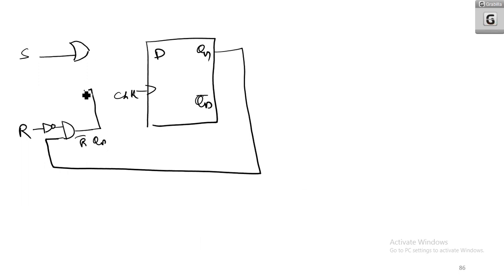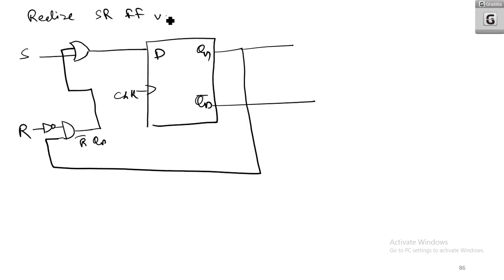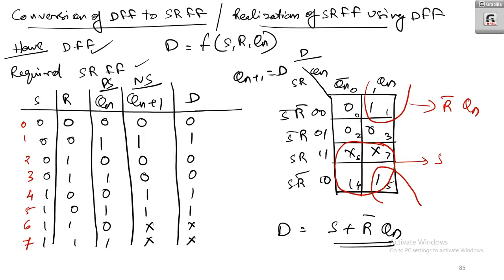These two things need to be ORed, and that is put to D. And you can take Qn out and Qn bar is taken out. So this is how to realize an SR flip-flop using a D flip-flop. So now I have converted the D flip-flop into an SR flip-flop.